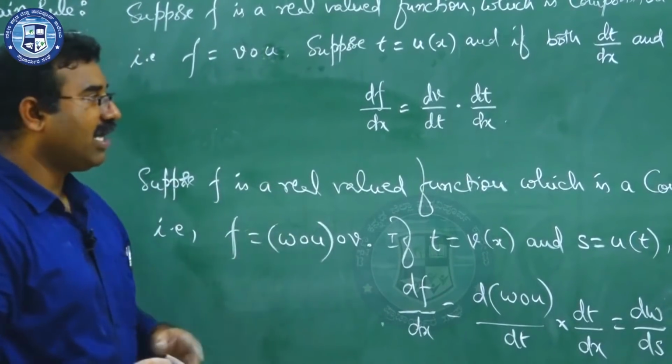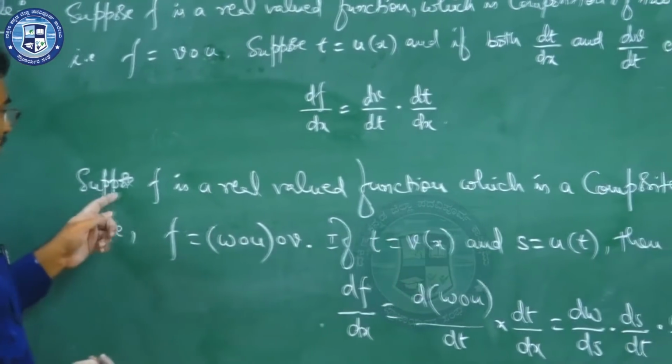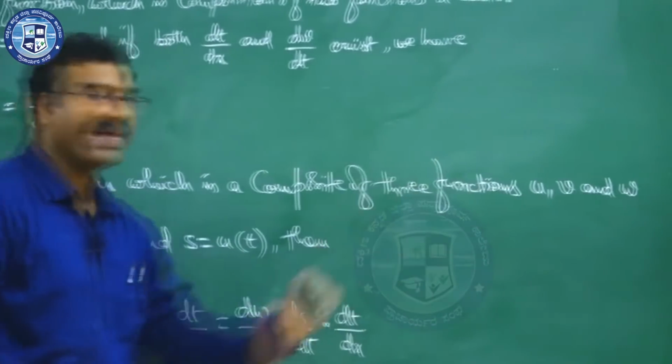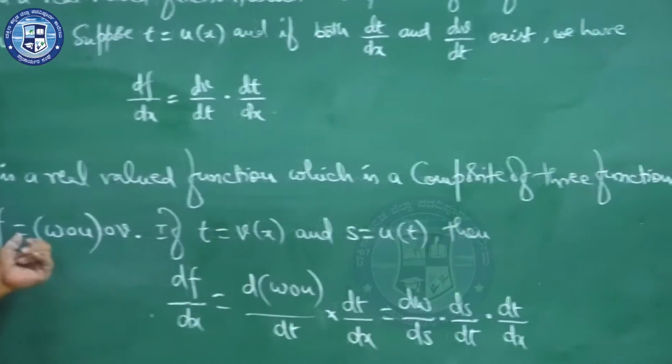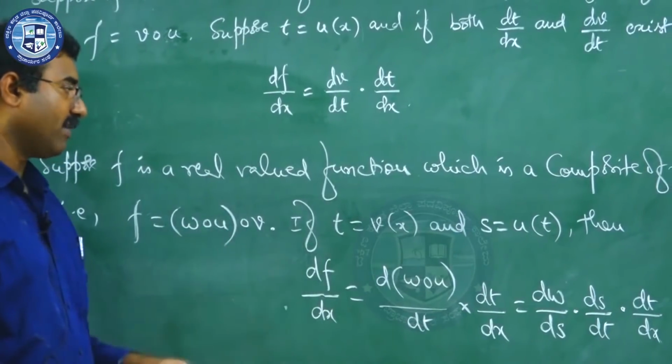Suppose f is a real valued function which is a composite of three functions u, v and w. Then f is equal to w composition u composition v.